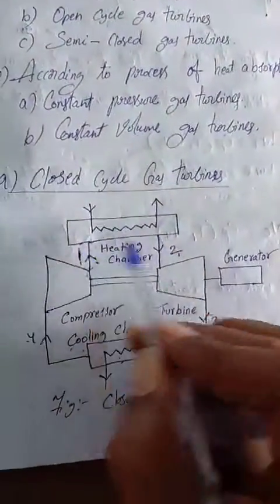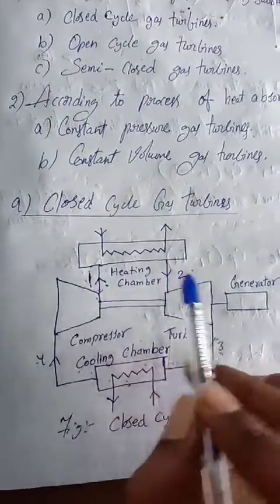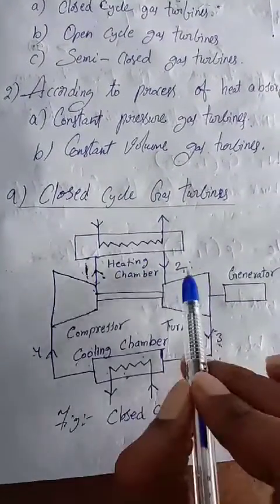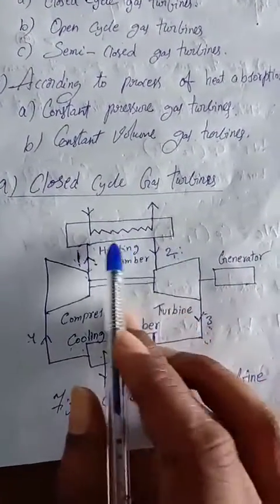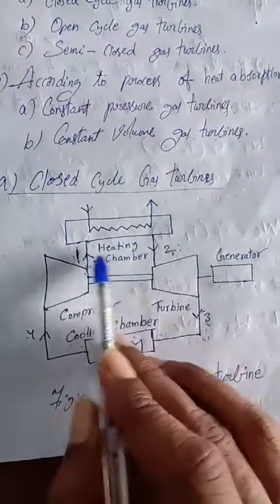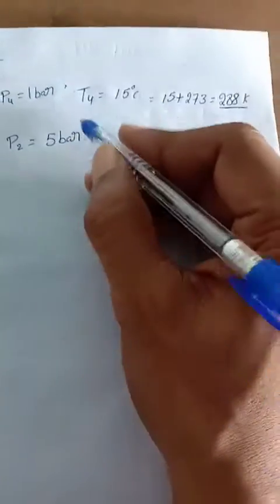Now here we are going to see 1 to 2, and here the pressure will be increased. So 1 to 2 is a constant pressure process, but here it is compressed air. The compressed air enters the turbine. Then here we see 5 bar.